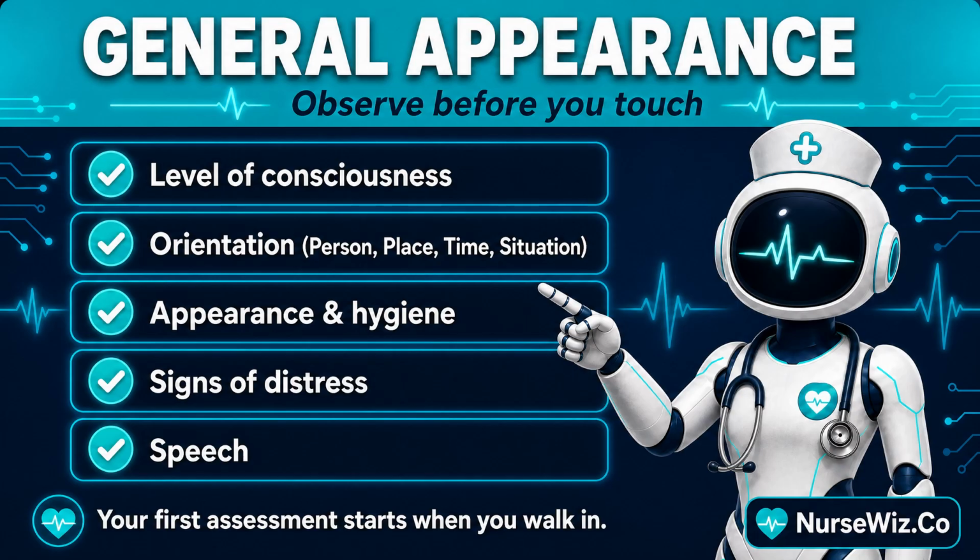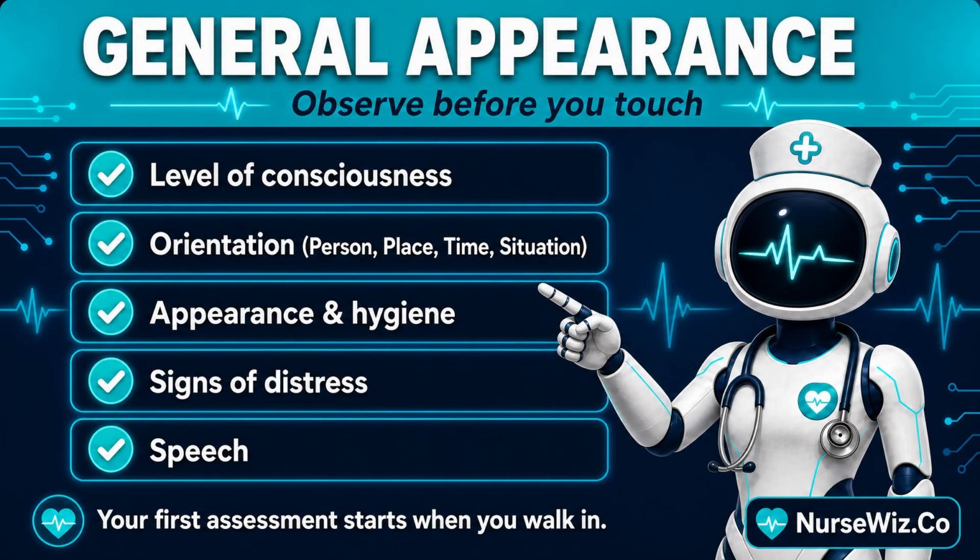Comfortable looks relaxed in the bed, shoulders down, face easy. Distress looks like a furrowed brow, a hand guarding one spot, restlessness, or a patient who won't lie back. A patient sitting bolt upright, gripping the side rail, is telling you something before they say a word.